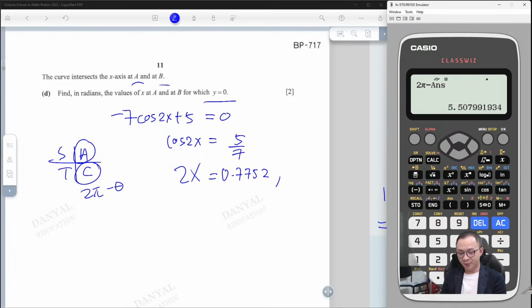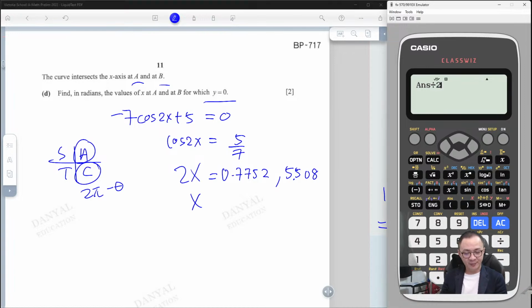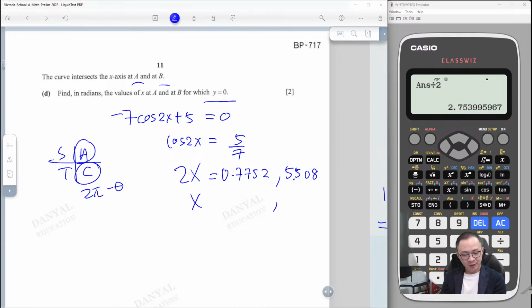Okay, so yeah, this one will be 5.508. Then divided by 2, so it's 2.754.